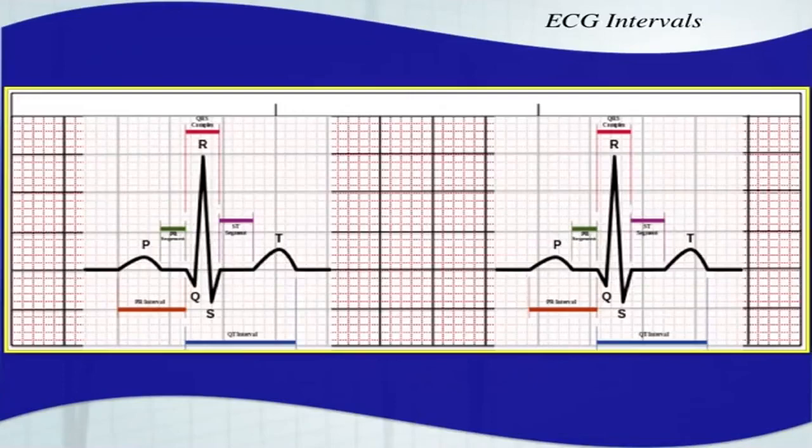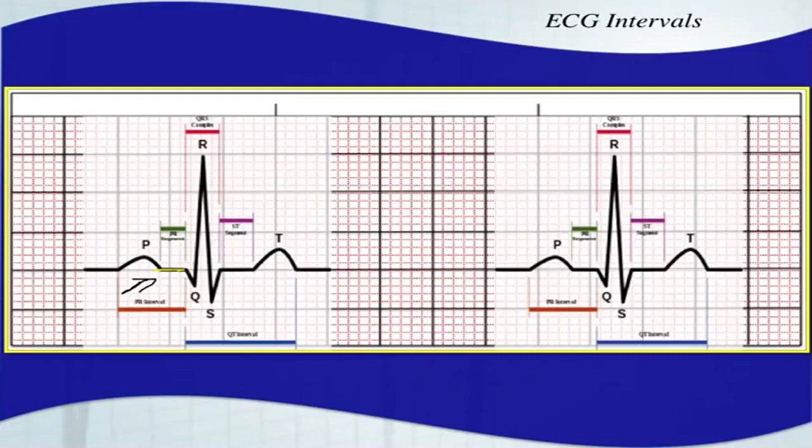So here we've labeled everything there is. You have your P wave, which is atrial depolarization. Then you have your PR segment, which is that flat pause in between the P wave and the QRS complex.